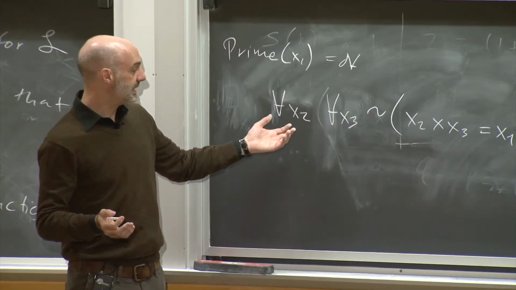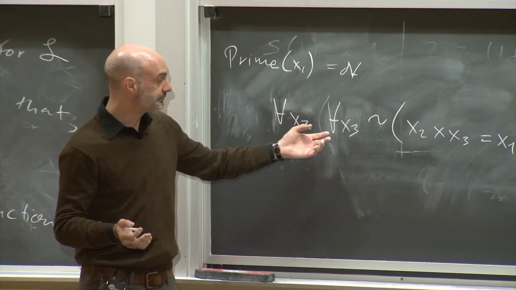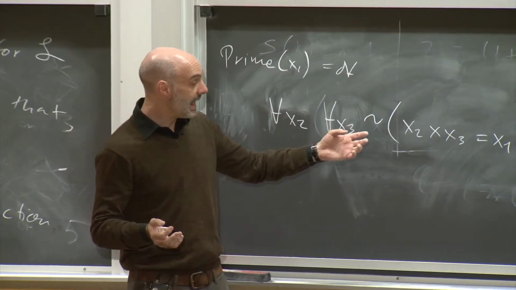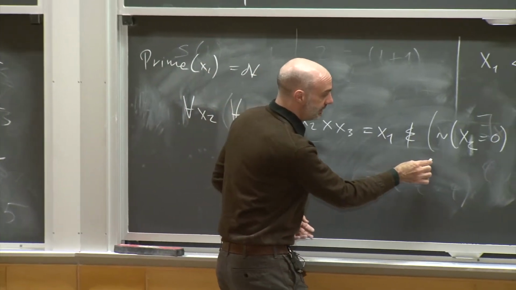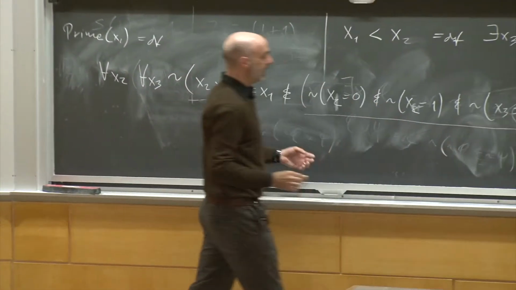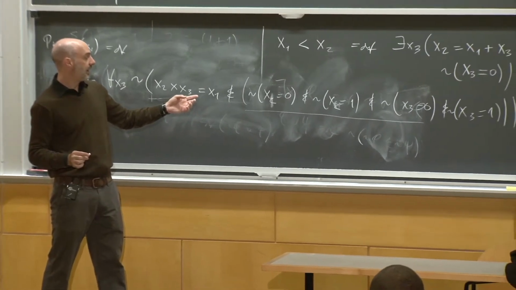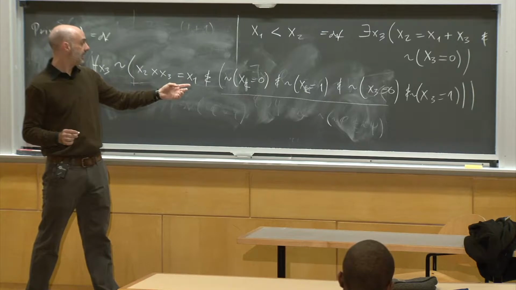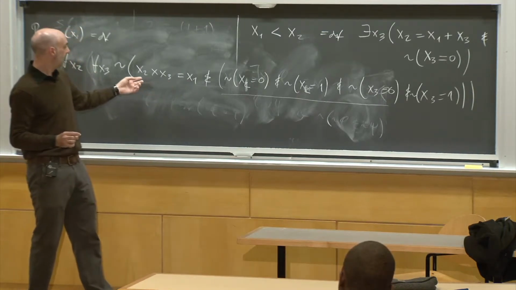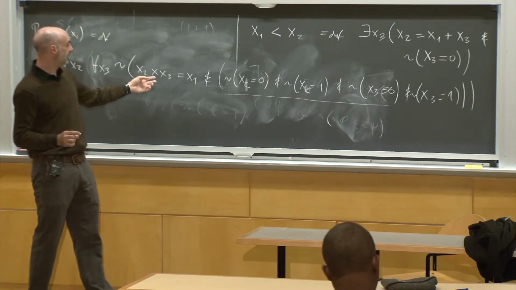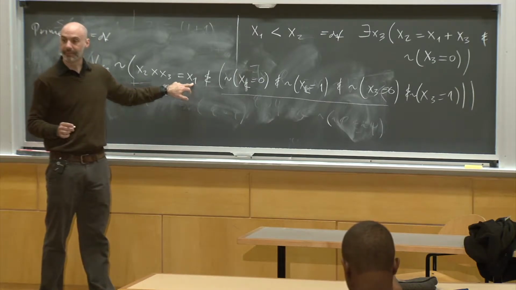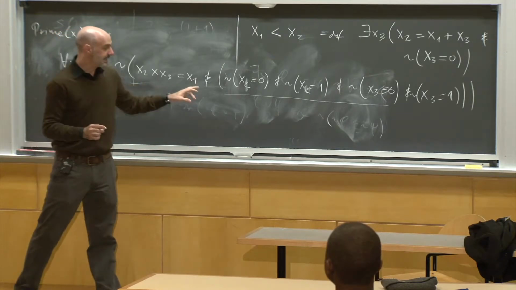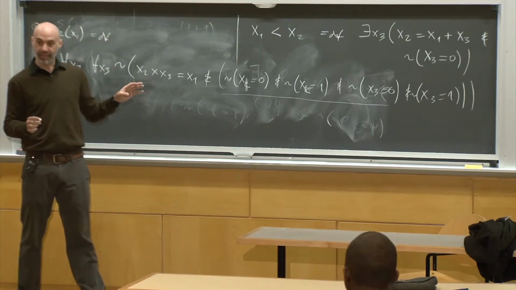Well, it means that whatever numbers you pick, if this condition is met, in other words, if the two numbers you picked are neither 0 nor 1, then it's not the case that if you multiply them, you get x1. Now, right now we have an and instead of an if, but we can correct that easily.